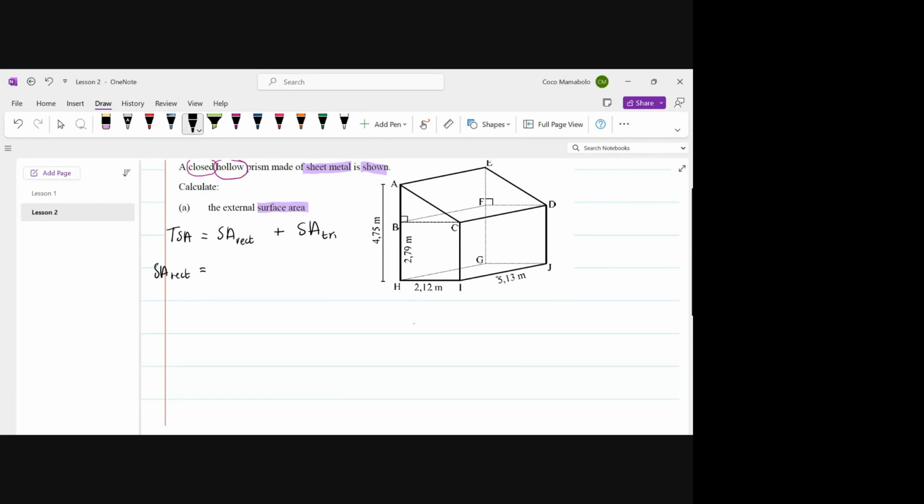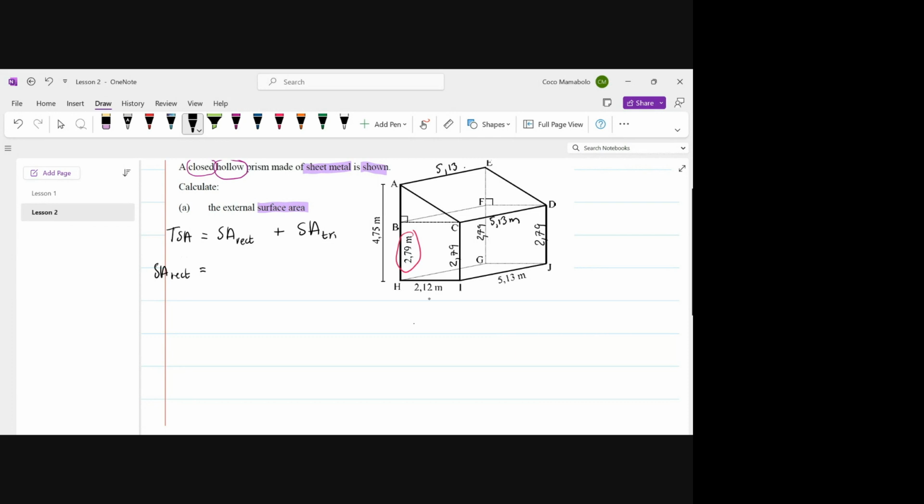So if this is 5.13 meters, that is also 5.13 meters, and that is also 5.13 meters, all the way around. And if this over here is 2.79 meters, this over here is also 2.79 meters, this side is also 2.79 meters, and that back part over there is also 2.79 meters, because we go around.